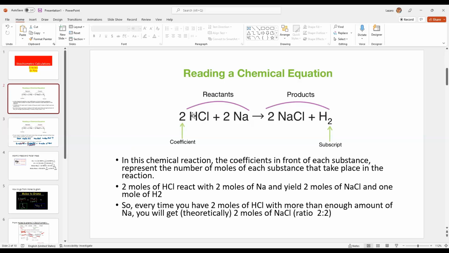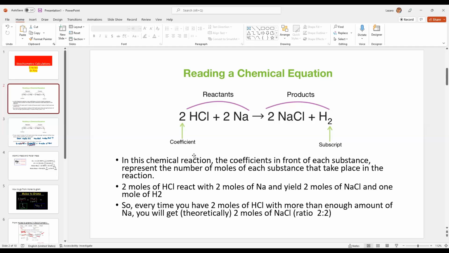Here you have the formulas of the reactants and the formulas of the products. The coefficients in front are very, very important, and you know that you can find them by balancing the chemical equation. I'm going to speak about the coefficients.